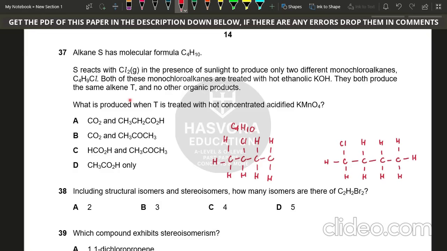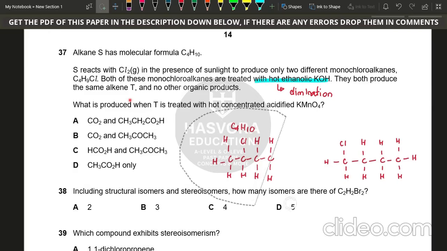Both of these monochloroalkanes are treated with hot ethanolic KOH, potassium hydroxide. What it does is an elimination reaction, and there is a formation of a double bond. They both produce the same alkene T and no other organic products.